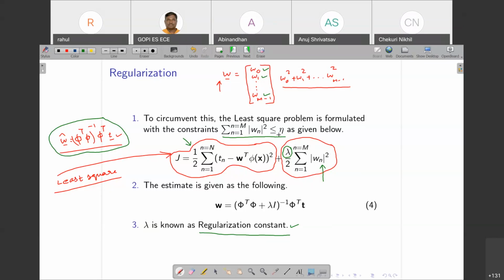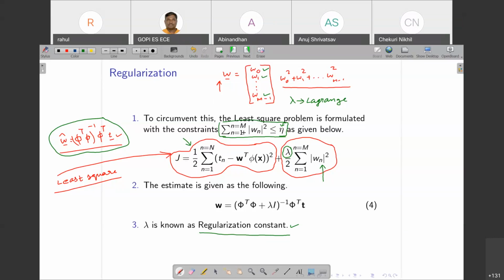In other words, I can say that it should be less than or equal to some value, eta. I am purposefully using this inequality constraint to view this problem as an optimization problem. In that case, this lambda is playing the role of the Lagrange multiplier, and in that context this constraint is important.